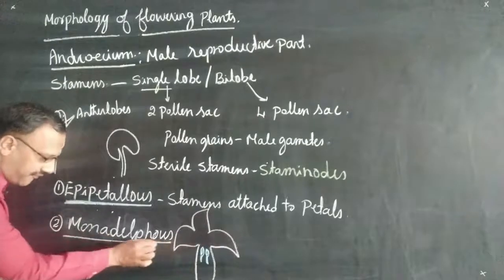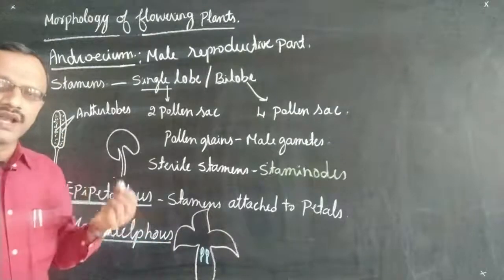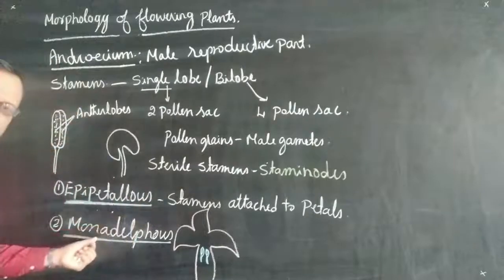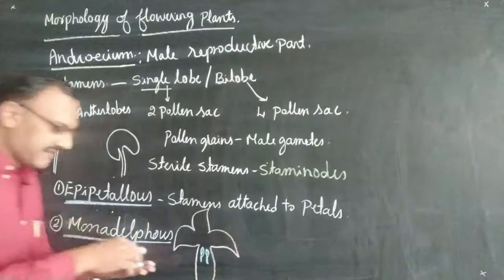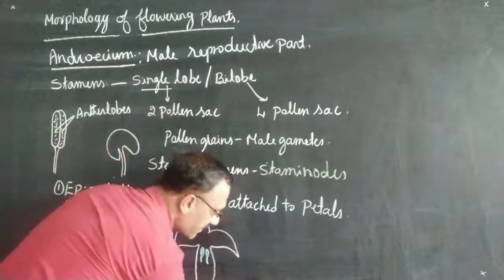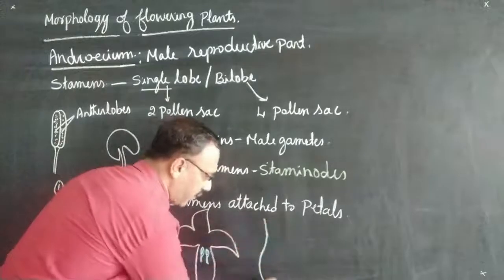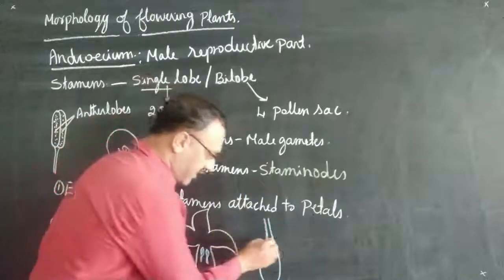Whereas in the case of monadelphous, as the name itself indicates, mono means a single bundle of stamens. In this case, stamens are found in one single bundle. Here there are a number of stamens.